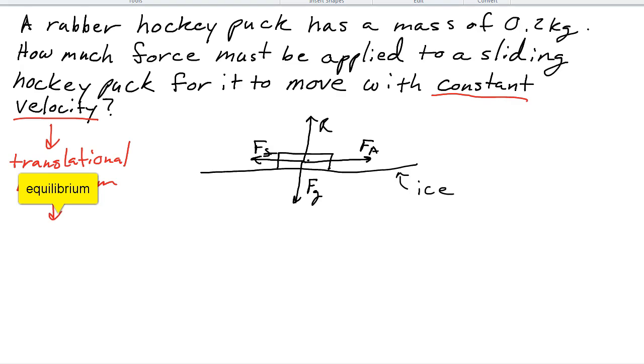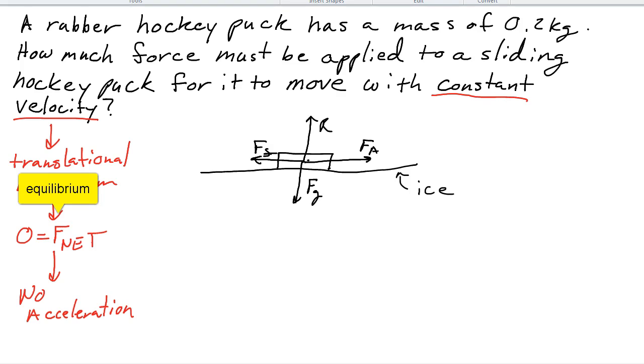I want you to think zero net force, and I want you to think there's no acceleration. If you keep that in mind, it'll treat you very, very well.